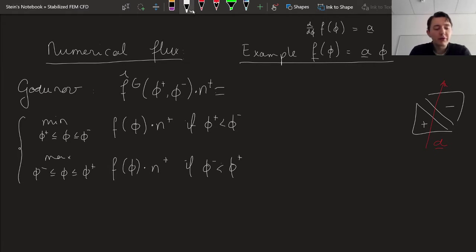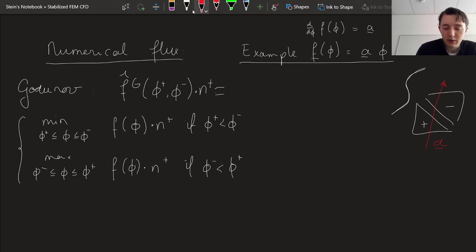And our Godunov flux is going to be defined in two ways depending on which value of phi is larger. If phi plus is the smaller one, so in the drawing that I have right here, we might have a certain traveling wave or something like that, where we have a larger value here and a smaller value here.